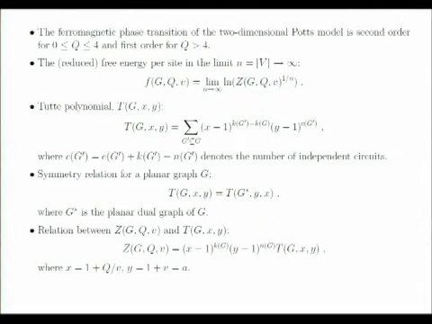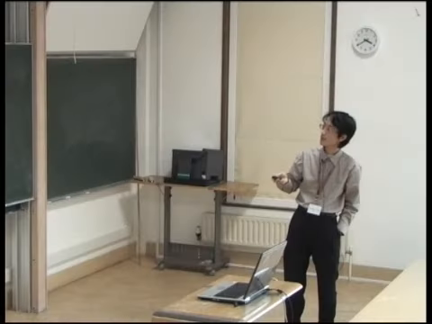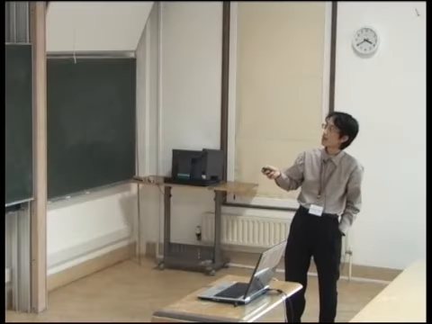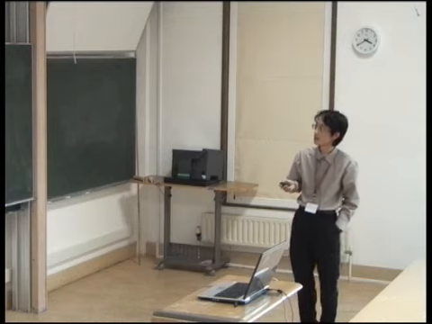And we know that there is a duality symmetry for a planar graph. The Tutte polynomial is equal to the Tutte polynomial of its planar dual if we switch these two variables x and y. At special values of x and y, we have the number of spanning trees, number of spanning forests, and so forth, but I'm not going to talk about this today.